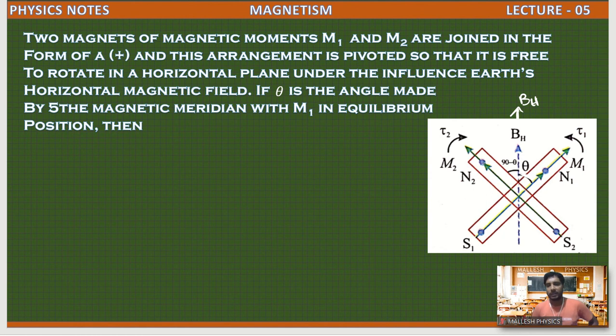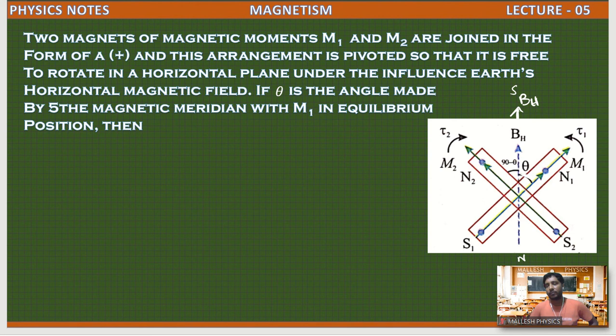In this position we can see the first magnet's moment is m1, and it tries to rotate in the anti-clockwise direction. Why? Because in this direction it is south, since the magnetic meridian axis is from north to south.